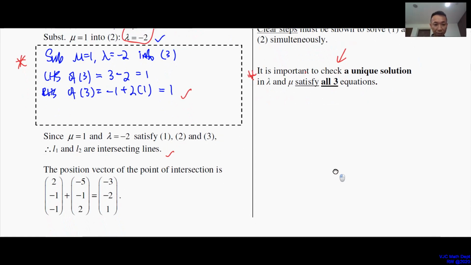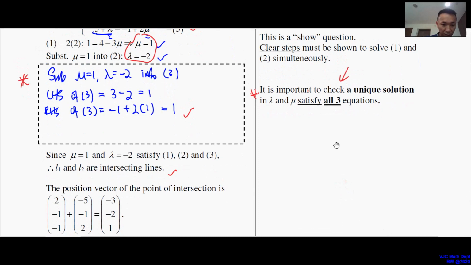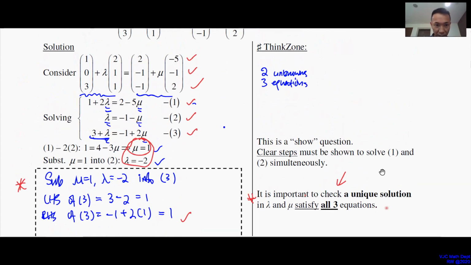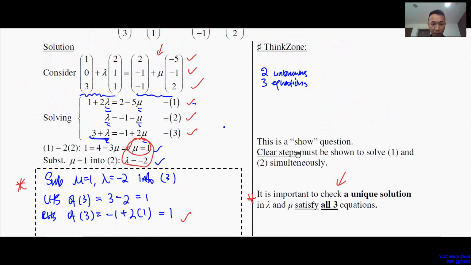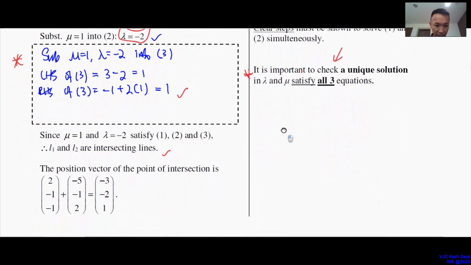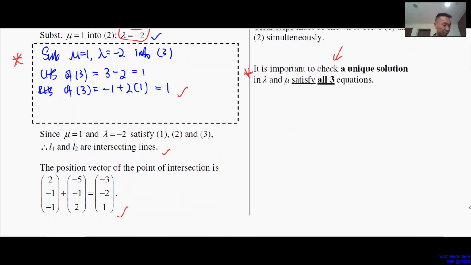Then you can substitute either your lambda or your mu, either one. In this case we substituted mu, which is 1, into your line 2 equation. Then you get the position vector.